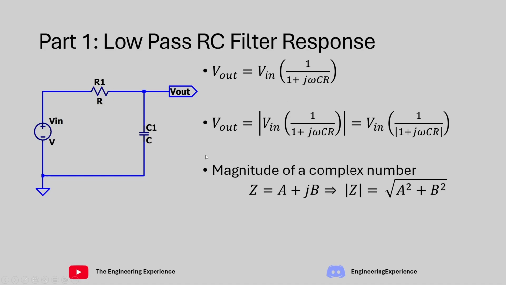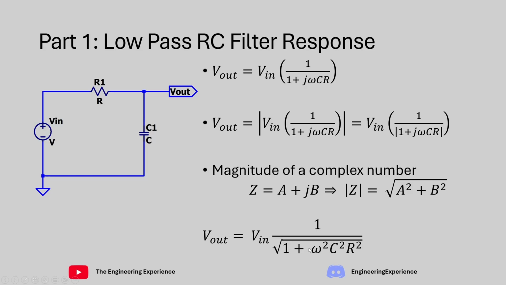Now, bringing the last equation to this new slide, taking the magnitude of this equation. For those who don't know how to take the magnitude of a complex number, it is equal to the square root of the real part squared plus the imaginary part squared. Doing that for our equation, we end up with this. On top, you get the square root of 1 squared, which ends up as 1.